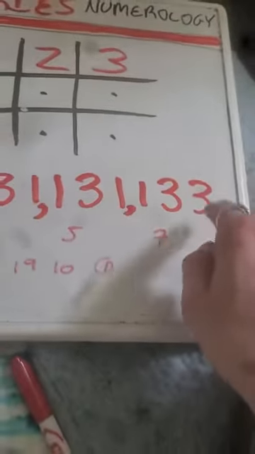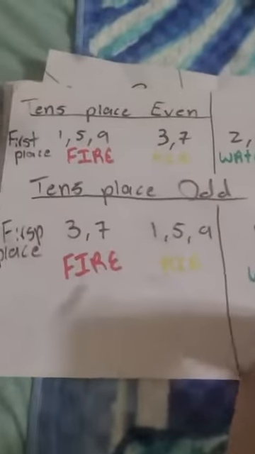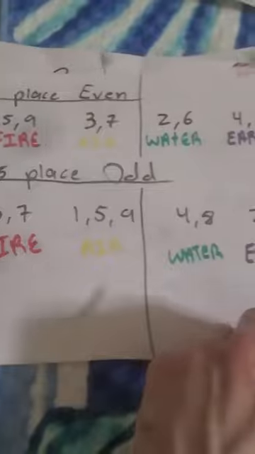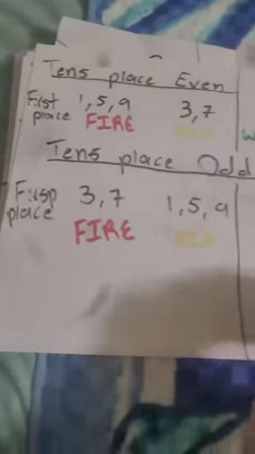And we see that here. So that's a little bit about the rules and what we need to make sure of in order for it to be a fire number. And I put it here, tens place even, tens place odd.